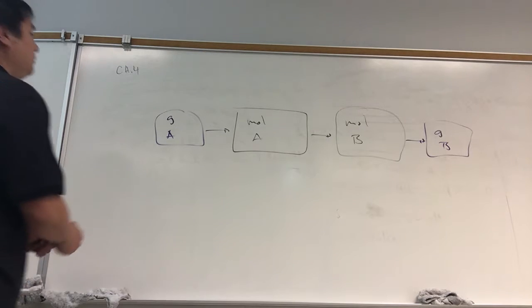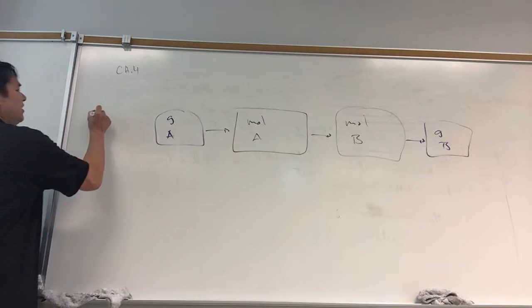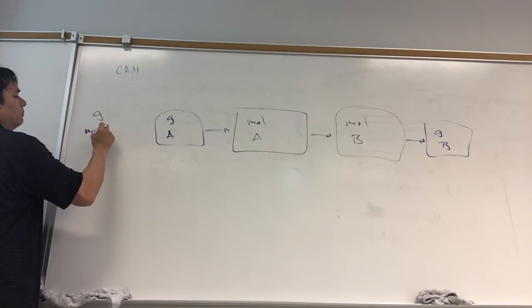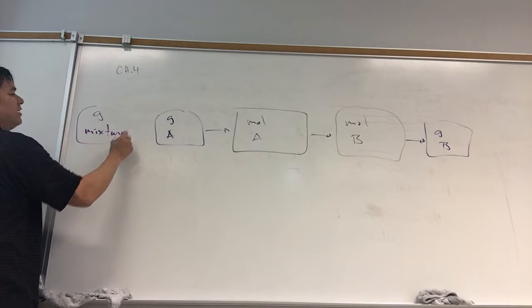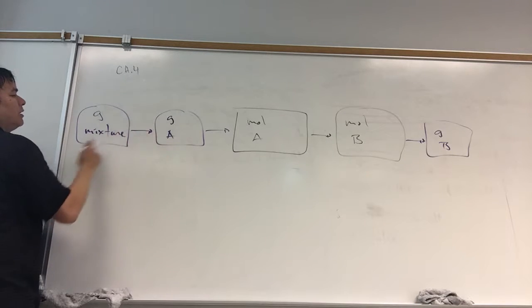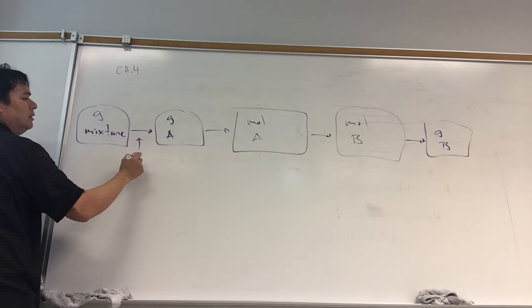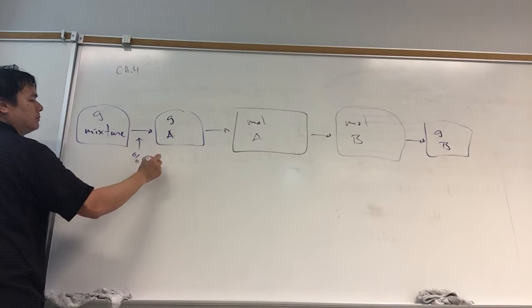And so instead of this, we might have grams of mixture. If we have grams of mixture, we can figure out how many grams of pure A there is in this mixture if we have the percent composition by mass.